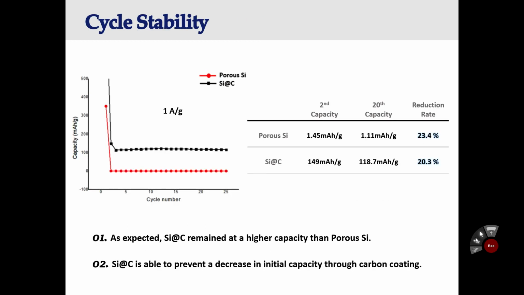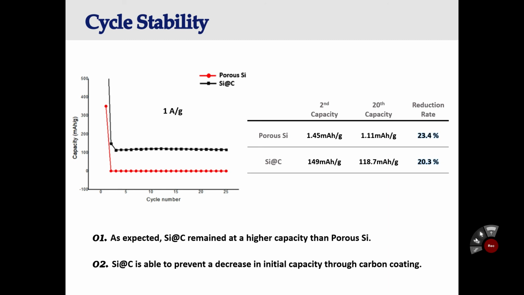Next is the data comparing the capacity of pure porosilicon and silicon with carbon coating. Comparing the difference in capacity in the second cycle, the porosilicon was 1.445 milliampere-hours per gram, and silicon with carbon coating was 149 milliampere-hours per gram.